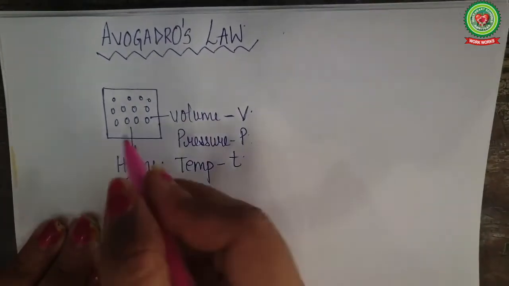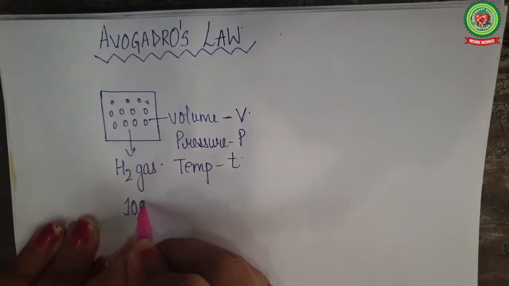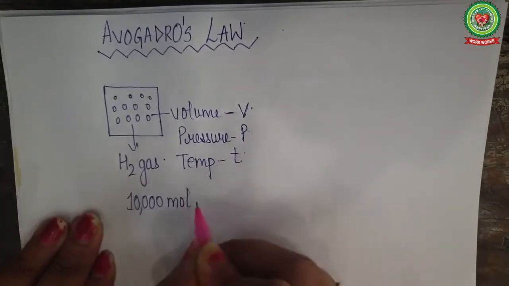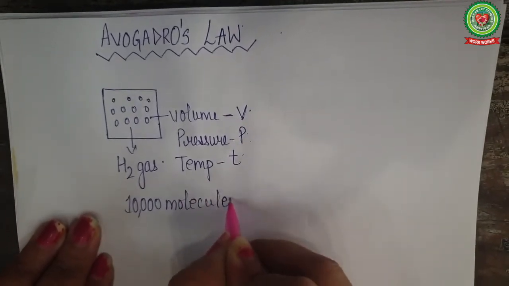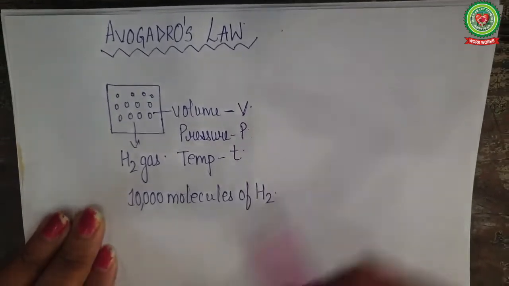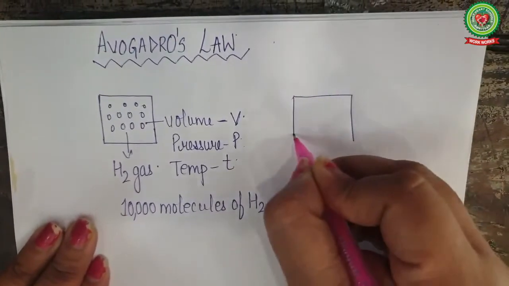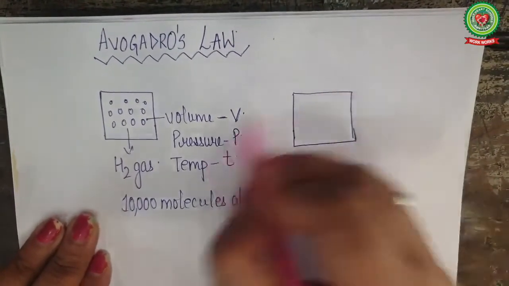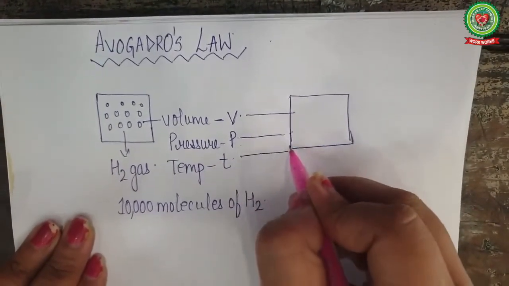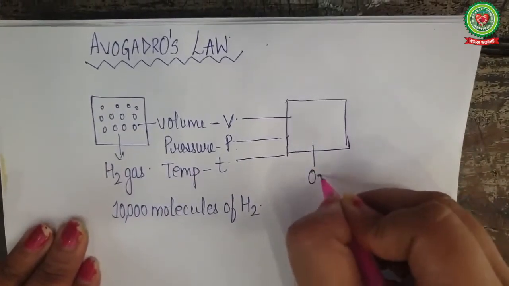Suppose this container contains 10,000 molecules of hydrogen. Now in the same container of same size, same volume, same pressure and at same temperature, I am adding oxygen gas.